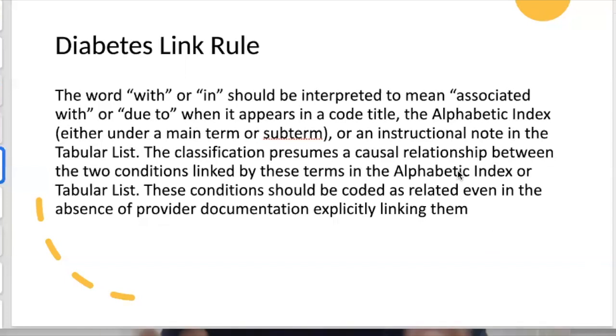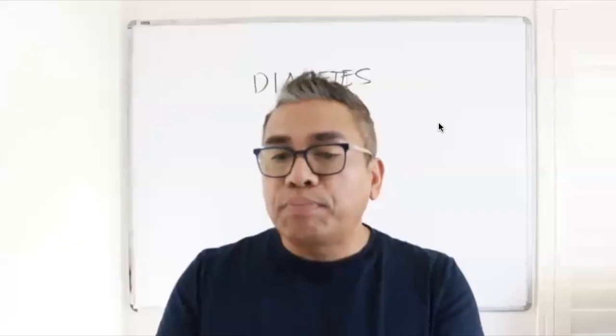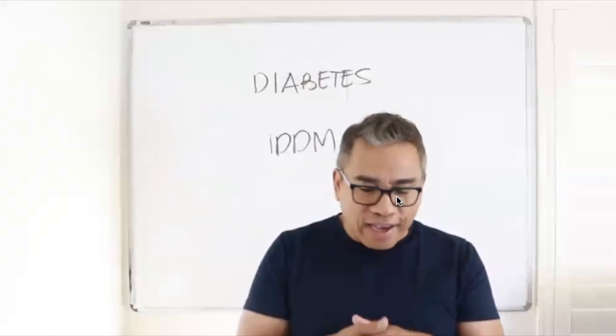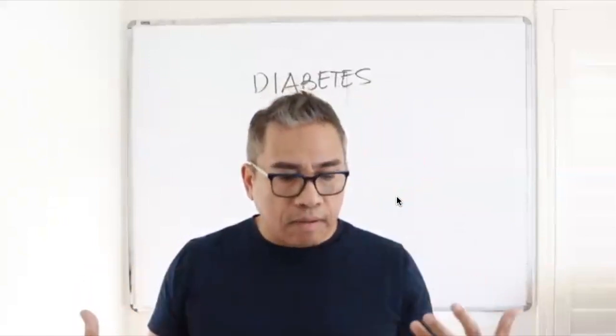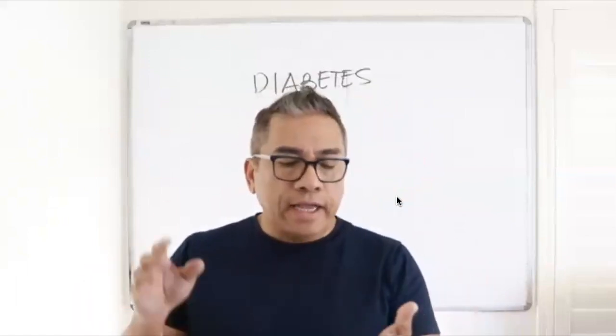Okay, so it's a lot of words, guys. Kind of like a lot of narrative here, but let me explain what it means. Diabetes link rule. Diabetes, guys, is a condition, and every clinician knows this, that affects other body systems. It affects the nervous system, the circulatory system, and skin integrity.